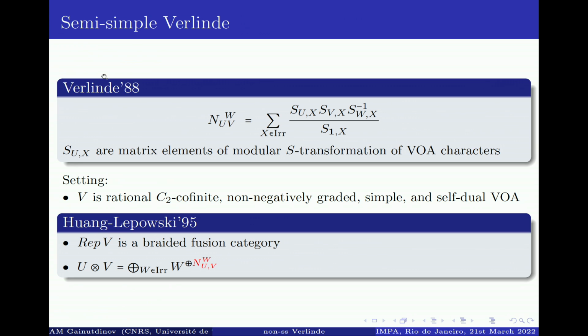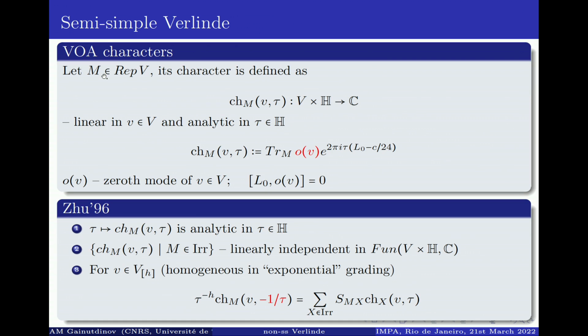So the tensor product of two simples we can decompose into irreducibles, and this N^W_{UV} expresses the multiplicity space. But to prove this formula in this general setting, it took basically 16 years. It was only in 2004 that it was proven.